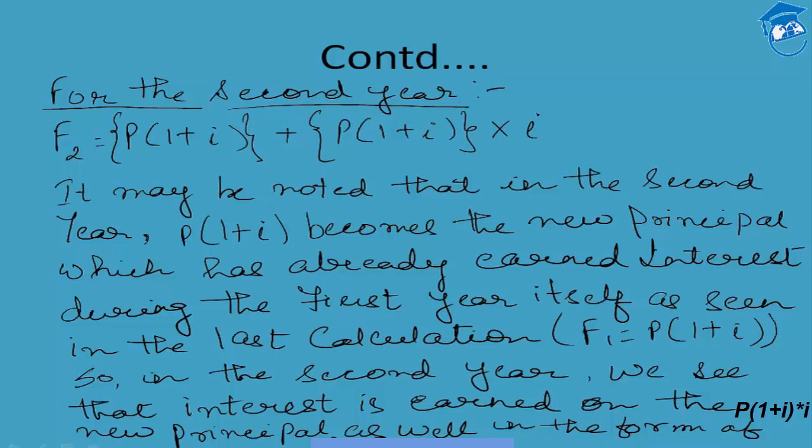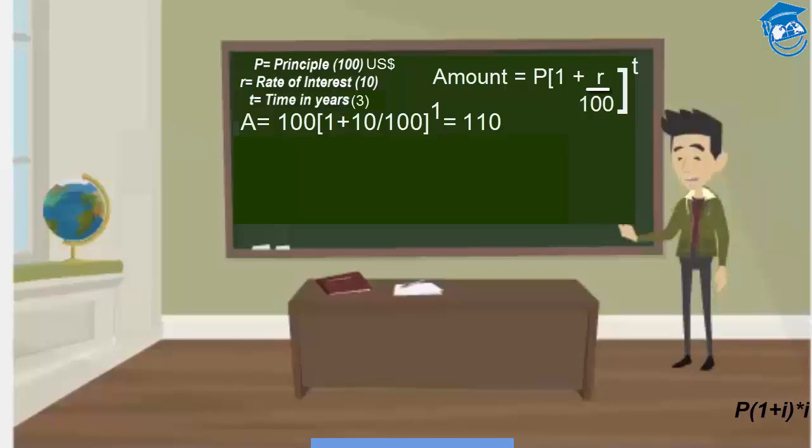Now for the second year, if we are extending our formula for suppose 3 years or 4 years, wherein every year it goes on increasing by 10% compound interest compounded annually, then for the second year, your new principal will be $110. For the second year students, your new principal shall be $110 instead of the $100 which we got initially.